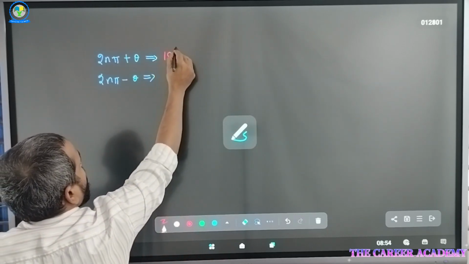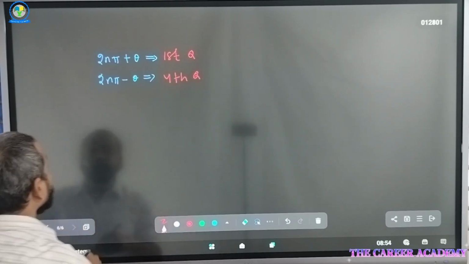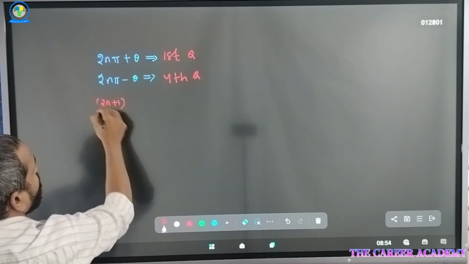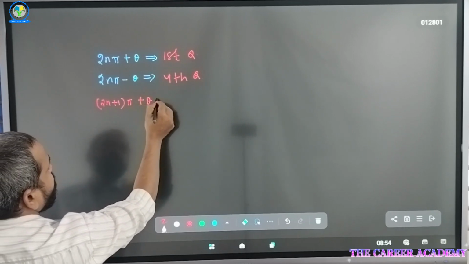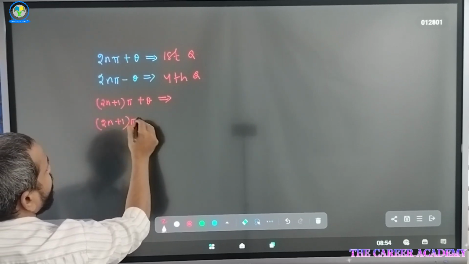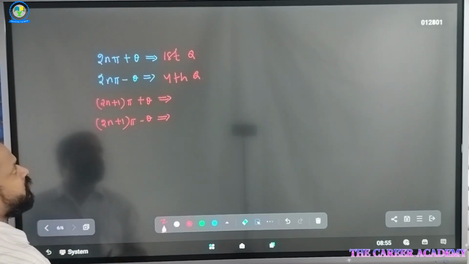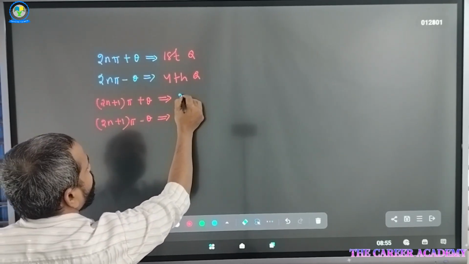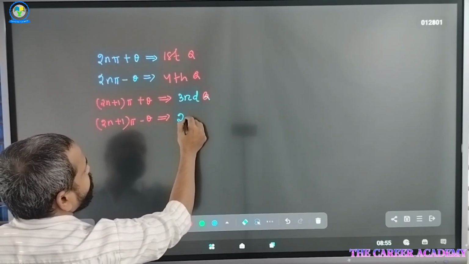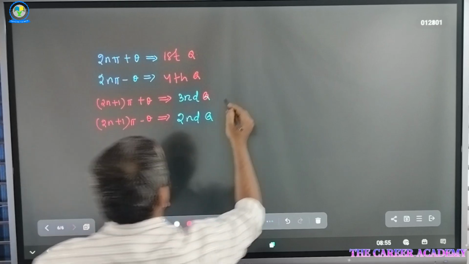So this one is the first quadrant, this one is the fourth quadrant. Clear? If it is odd pi, 2n plus 1 pi plus theta, it can be the third quadrant, and 2n plus 1 pi minus theta is in the second quadrant. Clear, students?